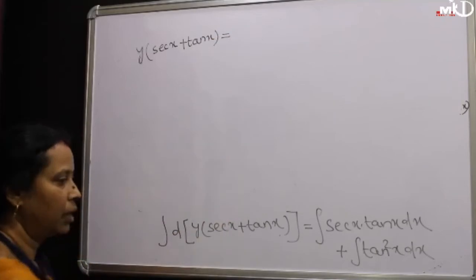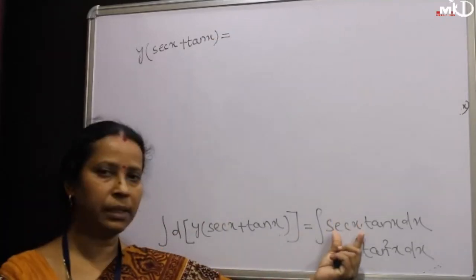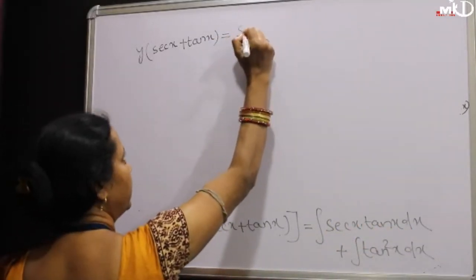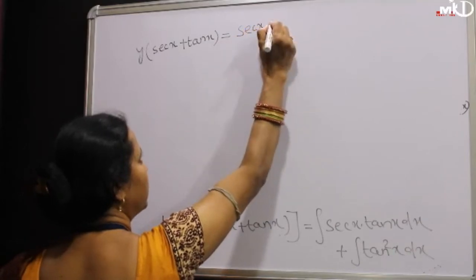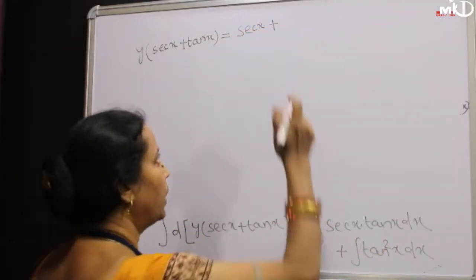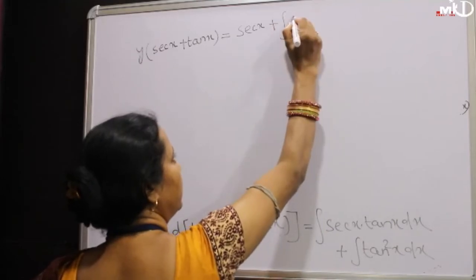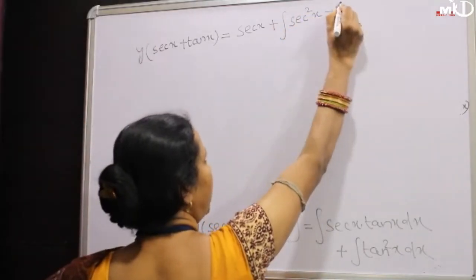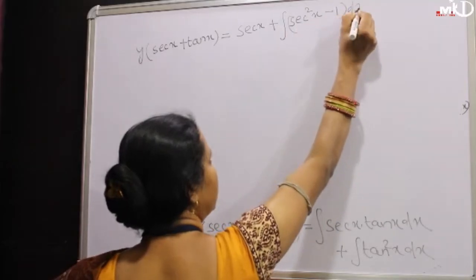is equal to, and already we know the integration of sec x tan x dx is equal to sec x plus, whenever we find the integration of tan square x, we convert tan square x into sec square x minus 1 dx.